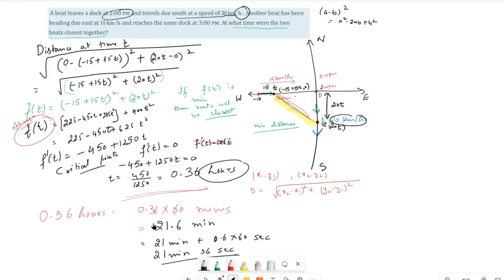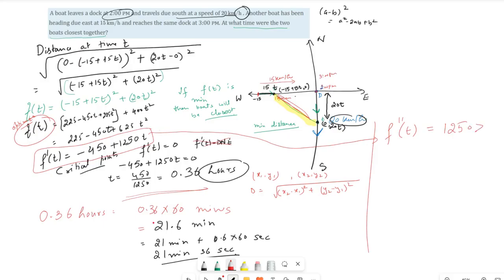How do we confirm the minimum though? We can find the second derivative of the function. We have our first derivative. Differentiate that to get the second derivative. If you see, the second derivative comes to be 1250, which is always positive. Because the second derivative is positive, we can confirm the function is minimum at t equal to 0.36 hours.